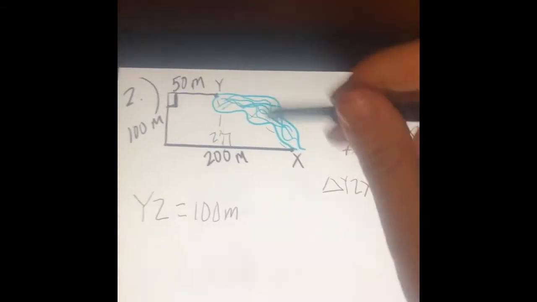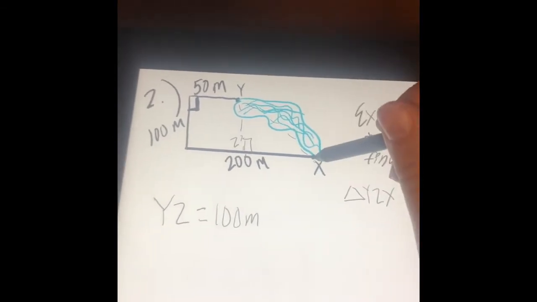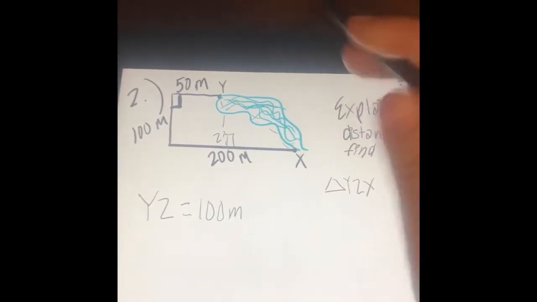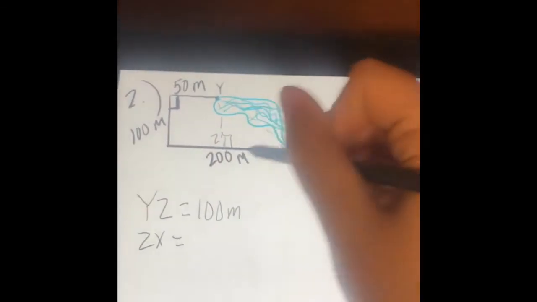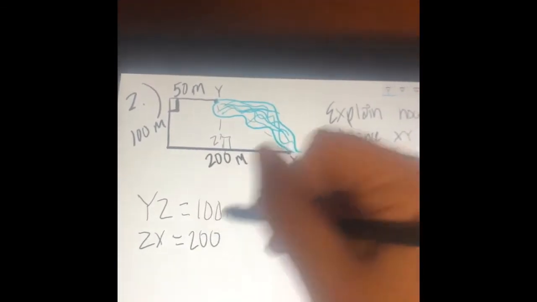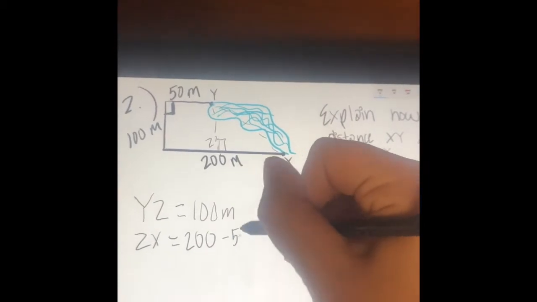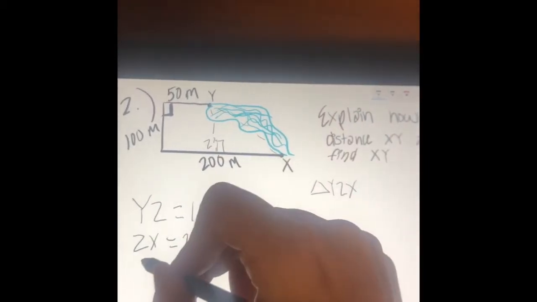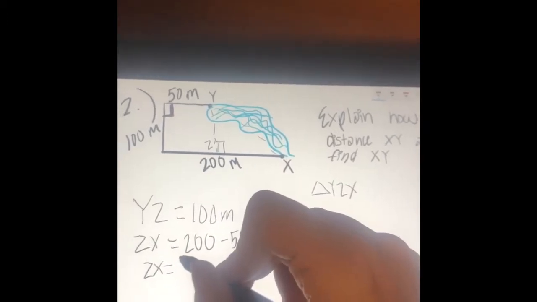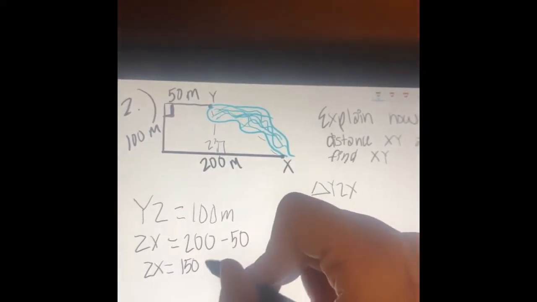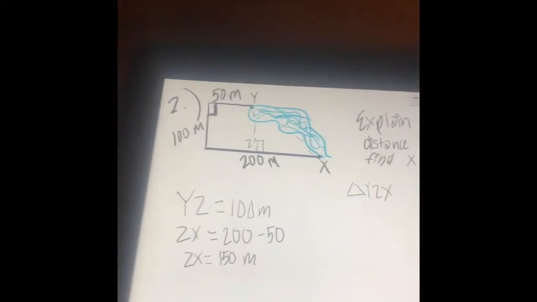And then also we see side ZX. In this case, this side is 200, and we will subtract 50. Therefore, this side equals 150 meters.